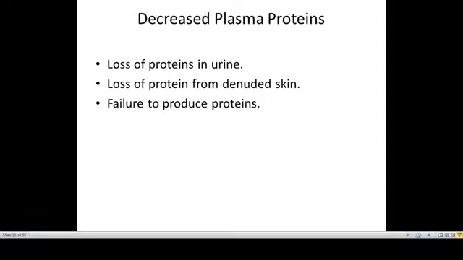The second factor is decreased plasma proteins, which may be due to loss of proteins in urine or loss of protein from denuded skin, as in burns and wounds, or failure to produce proteins, like in liver disease or in protein malnutrition.